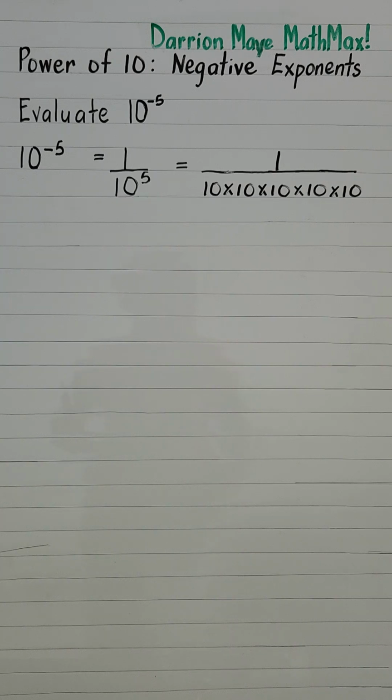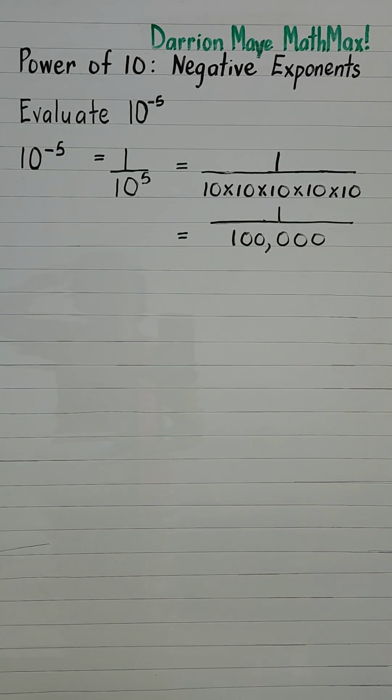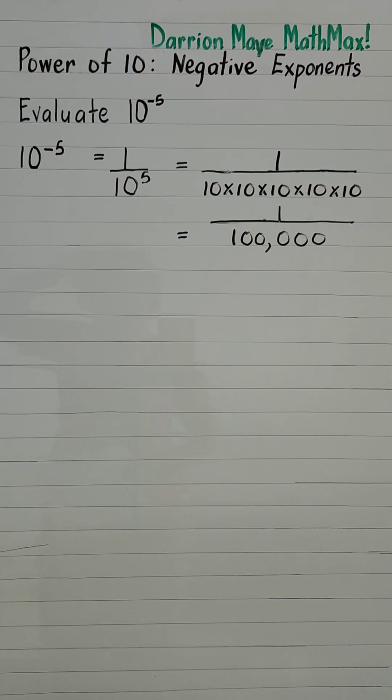So the exponent is 5, so we multiply 10 5 times. And we further simplify. So 1 over 10 times 10 times 10 times 10 times 10 is equal to 1 over 100,000. And 10 to the negative 5 is equal to 1 over 100,000 as a fraction.